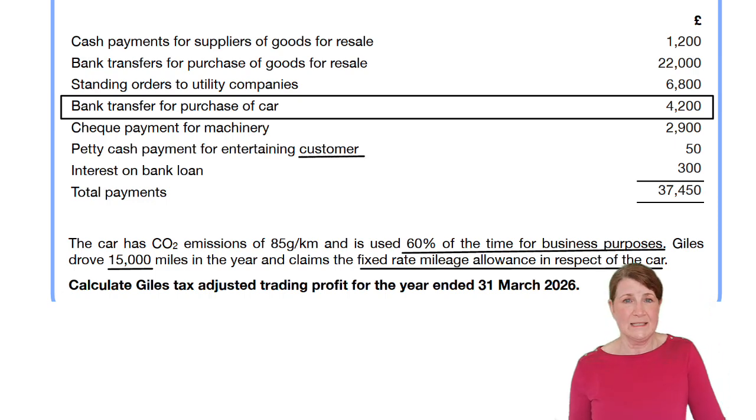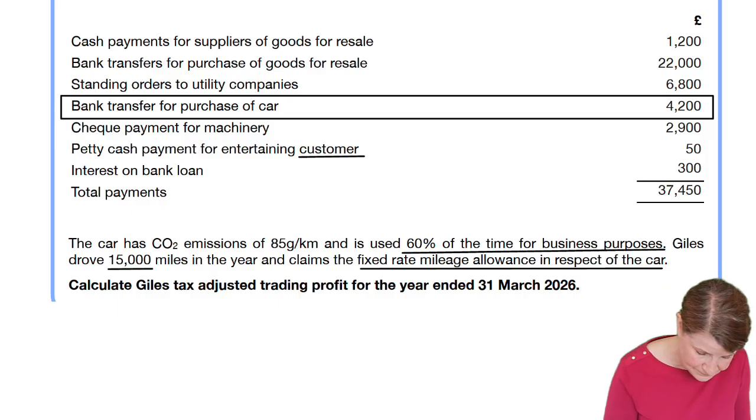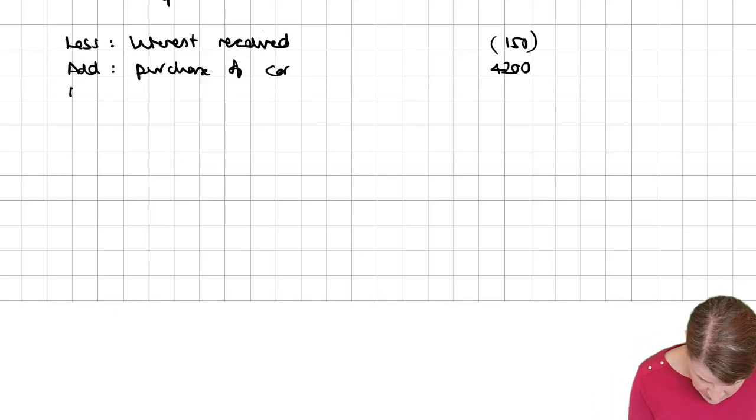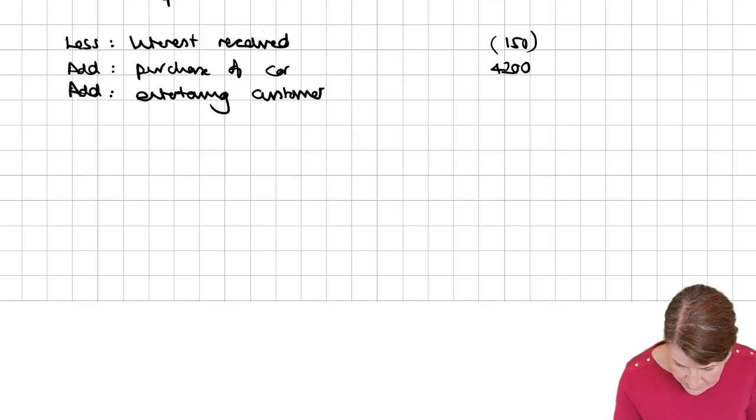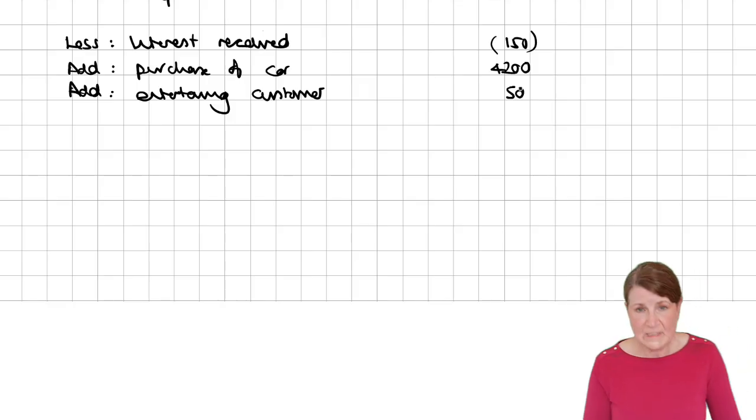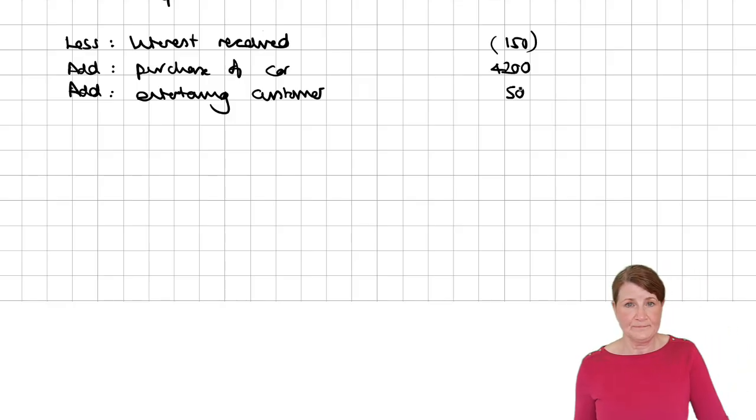No. Remember, entertaining staff would be fine. Entertaining anyone other than staff is not fine. So we need to add back that 50 quid. So add entertaining customer. It's a disallowed expense.